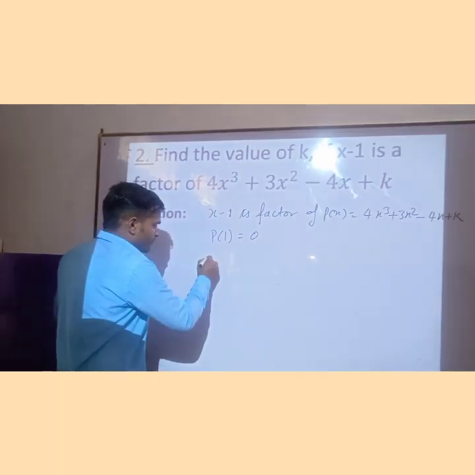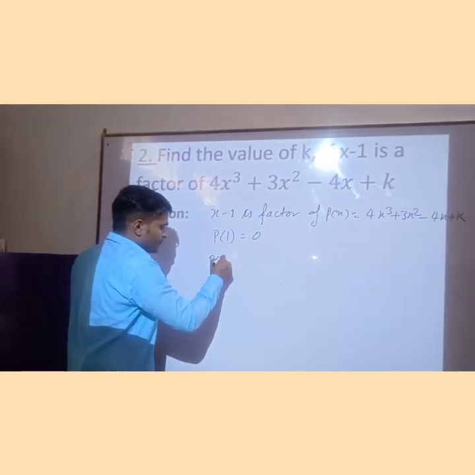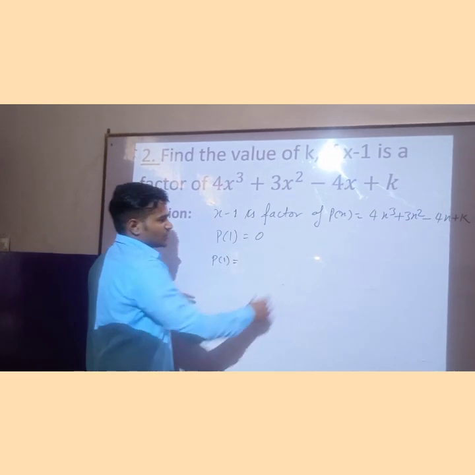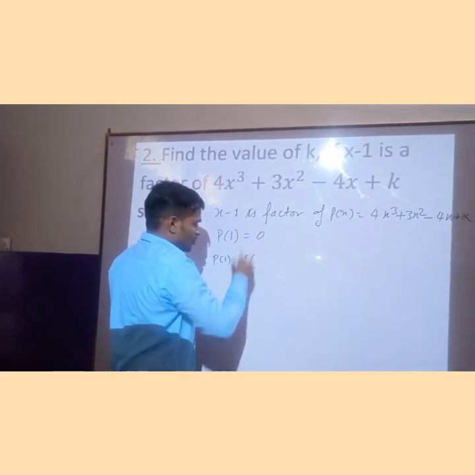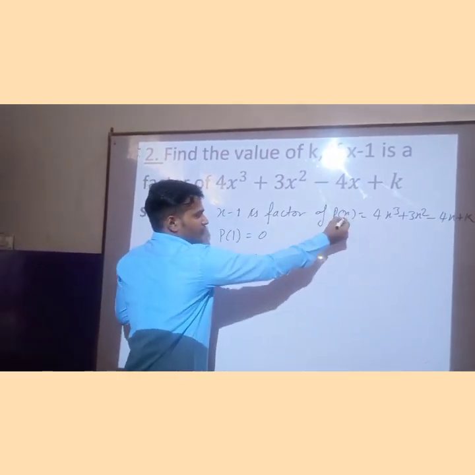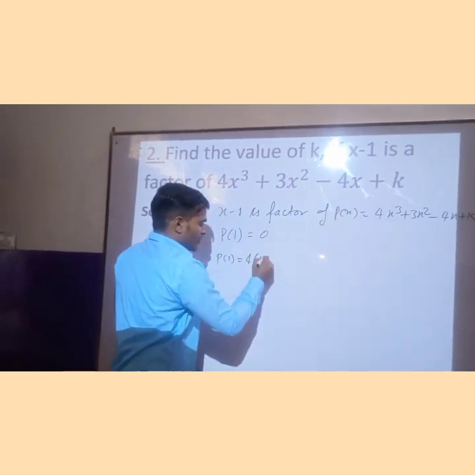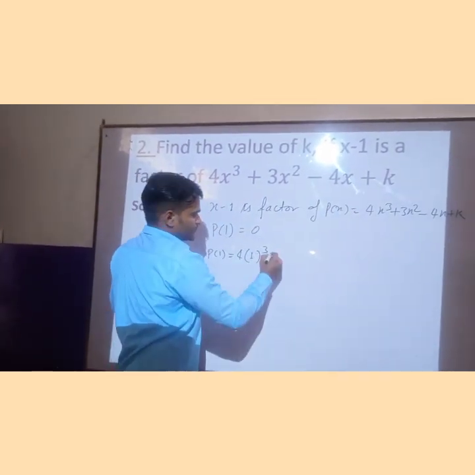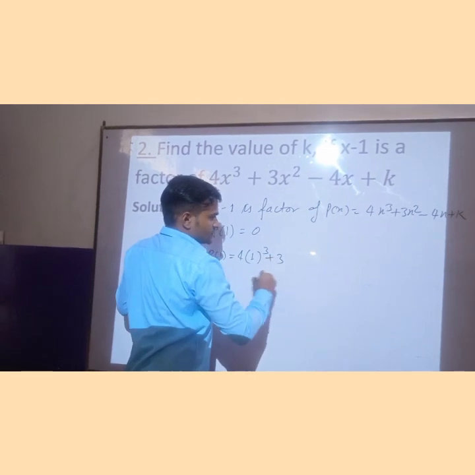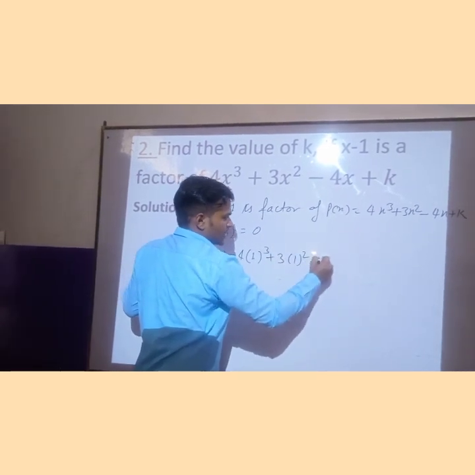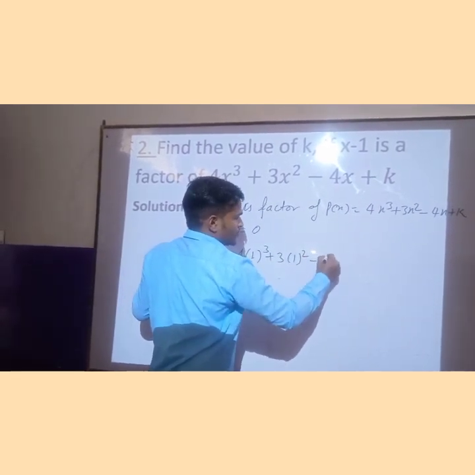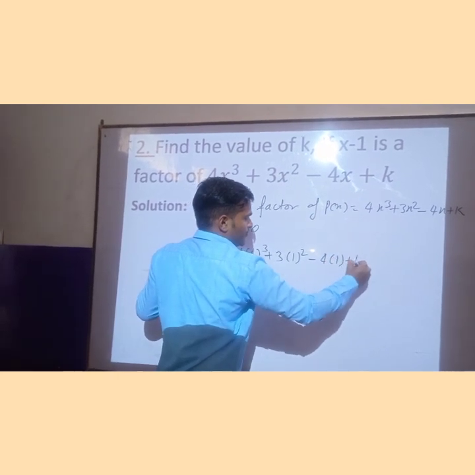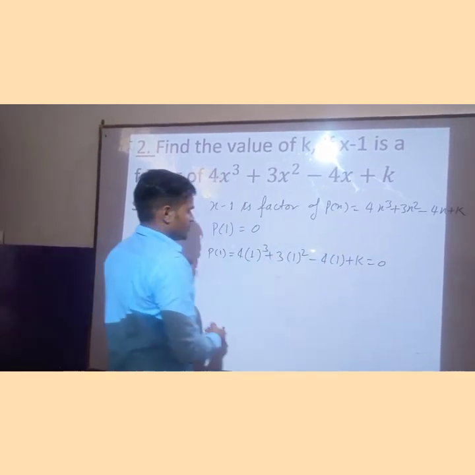It means replace x by 1. p(1) is equal to 4 into 1 cube plus 3 into 1 square minus 4 into 1 plus k, equal to 0.